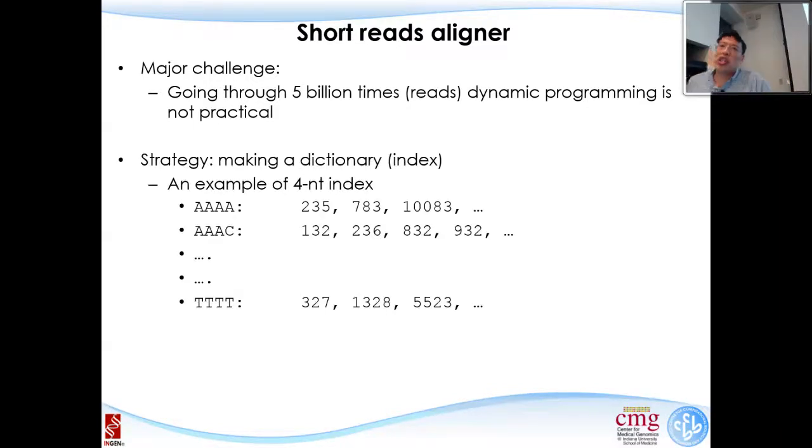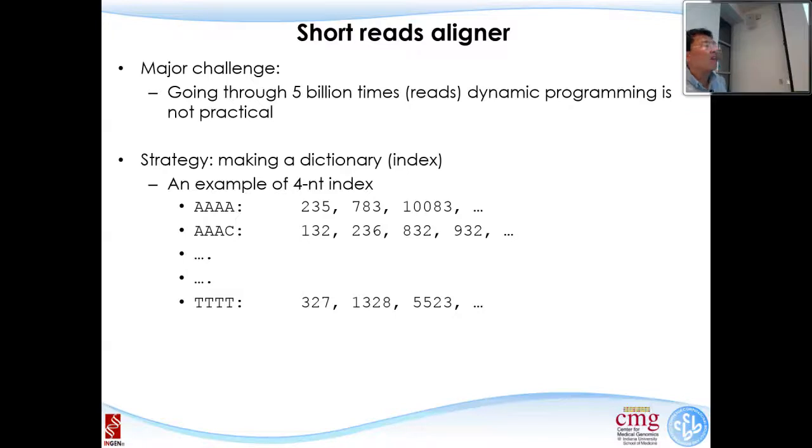The common strategy that people in the computer science field think of, although this is not the way we really do it, is to make a hash table. That means you make an index of the reference. For example, given the human genome, you first record where AAAA is, they are all in those places. So make a dictionary first, and AAAC in those places.